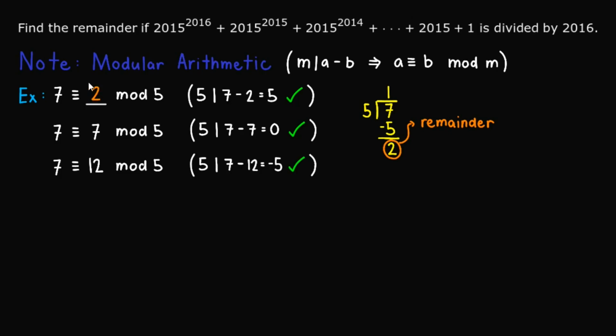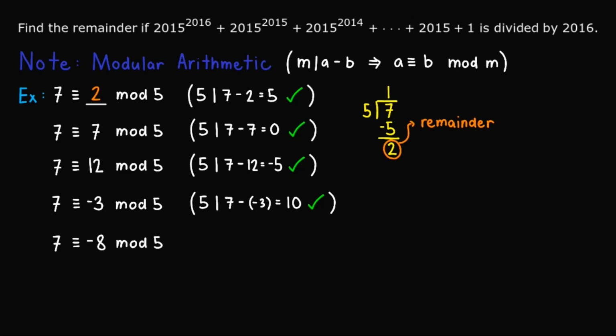Aside from adding, we can also subtract. If we subtract 5, we'll get 7 is congruent to negative 3 modulo 5, which is also true since 5 divides 7 minus negative 3, which is 10, and we know that 5 divides 10. Lastly, if we subtract another 5, we'll have 7 is congruent to negative 8 modulo 5, which is also valid.